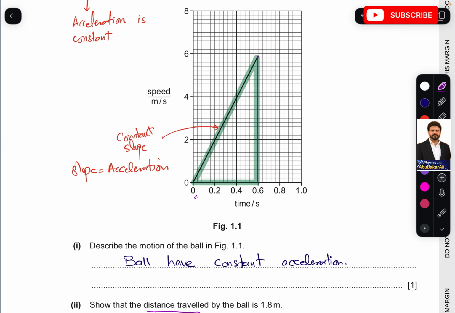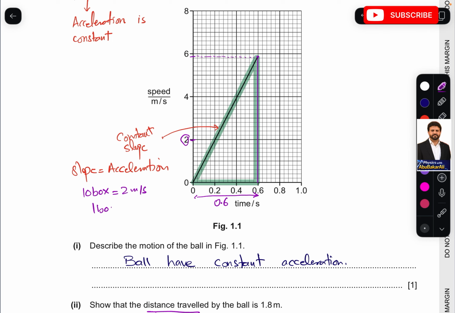The base of this triangle, from this point till this point, is 0.6, and its height is coming somewhere here between two lines. If you see, this is 2, and there are 10 boxes, so 10 boxes are equal to 2 meters per second.